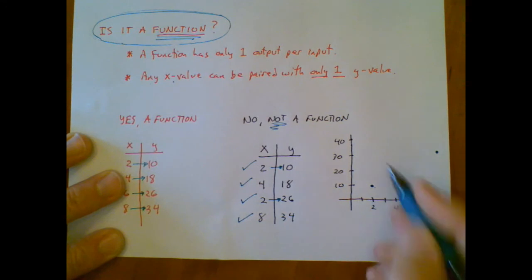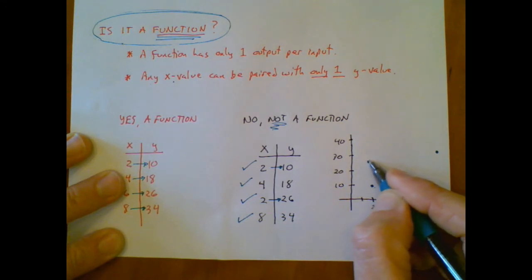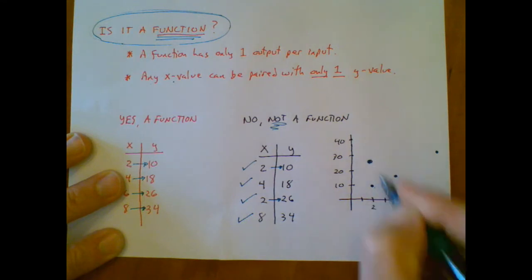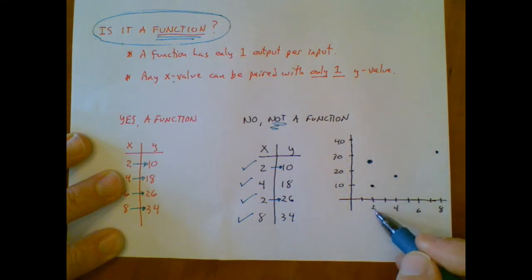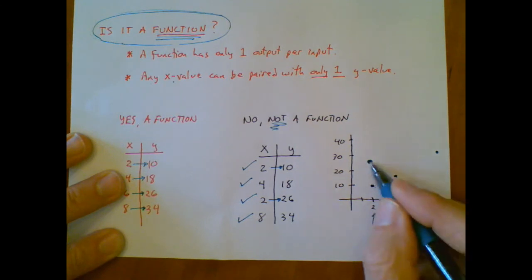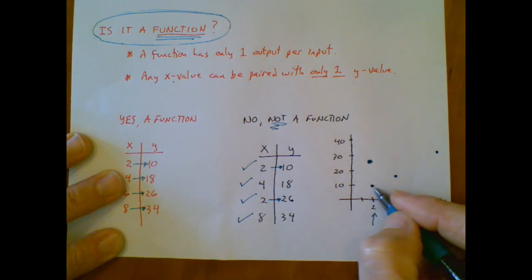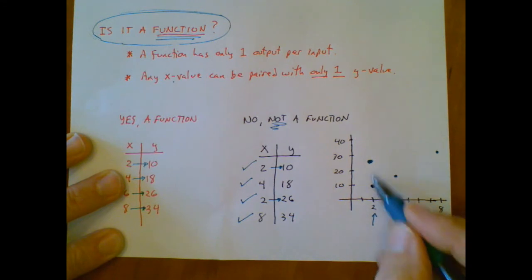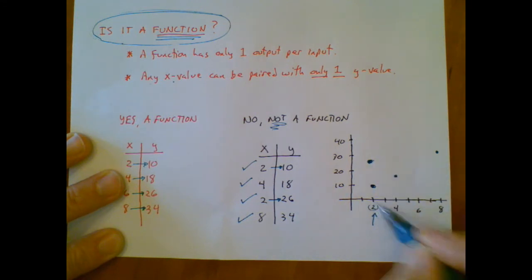This is what tells me that I don't have a function in this case, because for this x value of 2, I went up and I saw that I got 2 different y values. And that is illegal procedure. That is not a function. Any time you've got 2 different y values for a given x value, it is not a function.